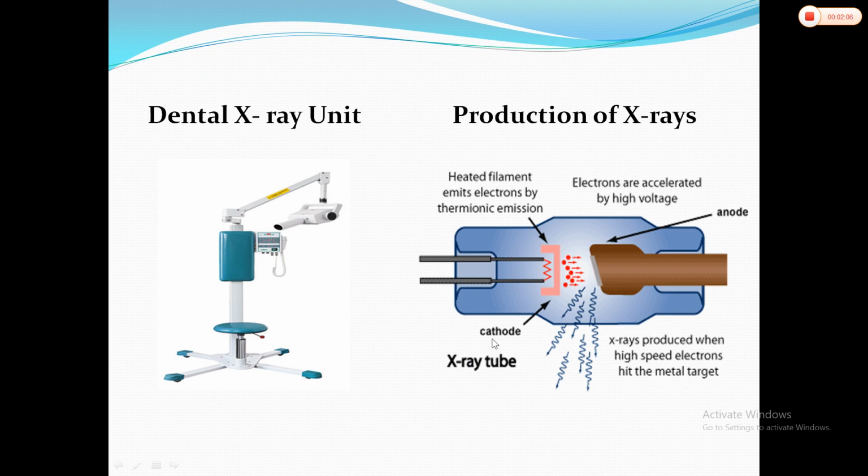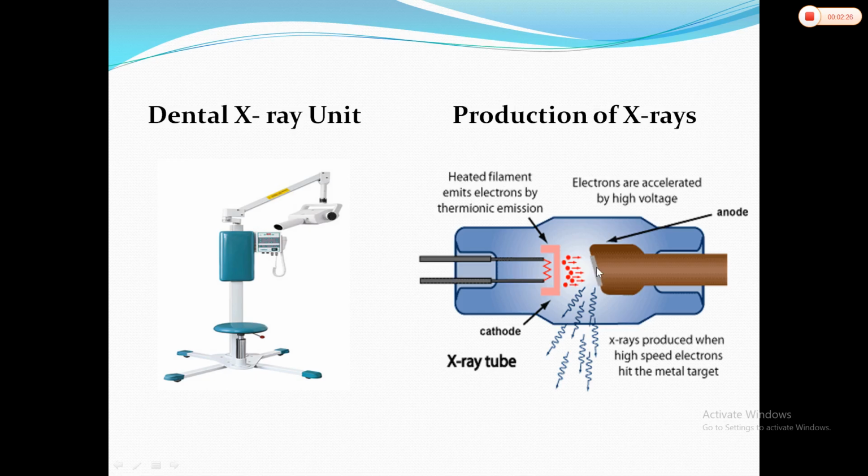How are these X-rays produced, which are used to take the radiograph? This is the X-ray tube. It mainly contains cathode and anode. Cathode is nothing but tungsten filament.